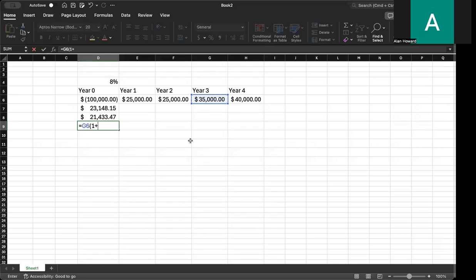And then for year three, same thing, just taking one plus the discount rate to the third power, and we get $27,784. Then for year four, we take our cash flow of 40,000, divide it by one plus the discount rate, raised to the fourth power, and we get a cash flow of $29,401.